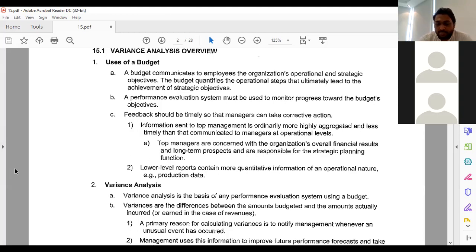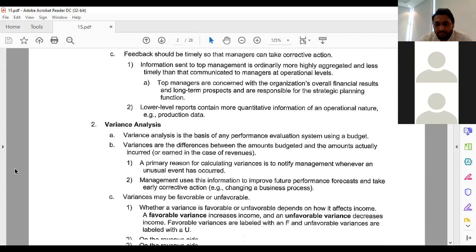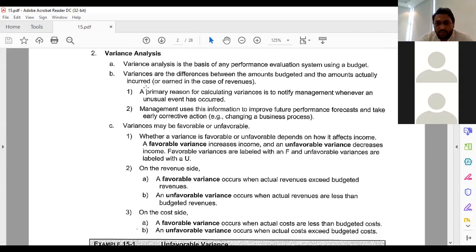Okay. Then comes the variance analysis. Variance analysis is the basis of a performance evaluation system using a budget. Variances are the differences between the amounts budgeted and the amounts actually incurred. Budgeted figures and actual figures are compared. A primary reason for calculating variance is to notify management whenever an unusual event has occurred.